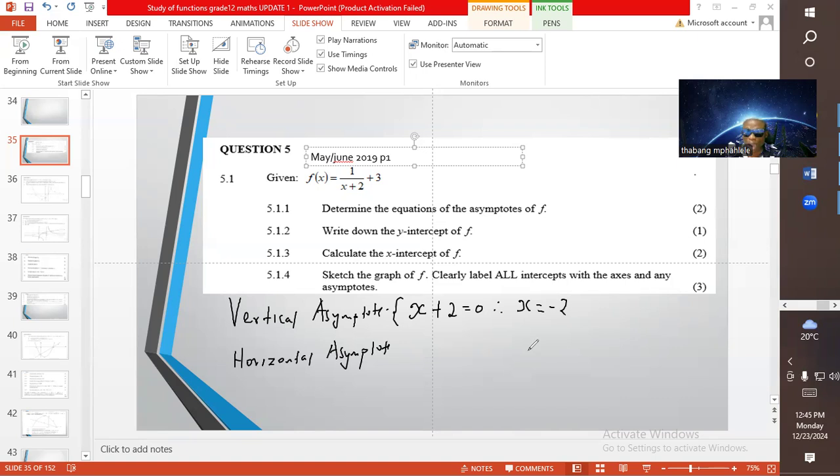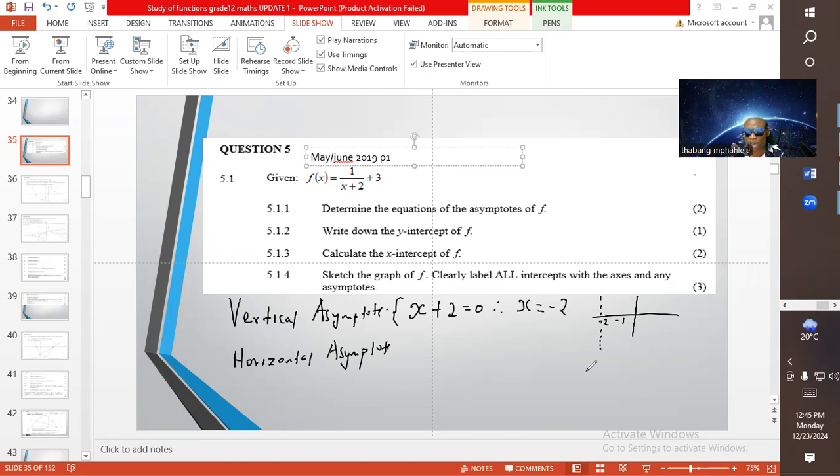You need to recall how it appears on the graph. How does the vertical asymptote appear on the graph? We'll be having -1, -2, so it will be like this. It's a dotted vertical line. How do we find the horizontal asymptote?